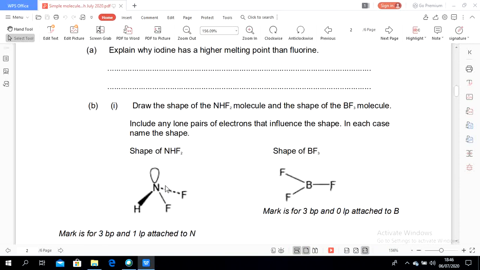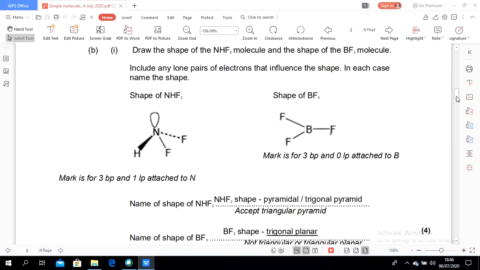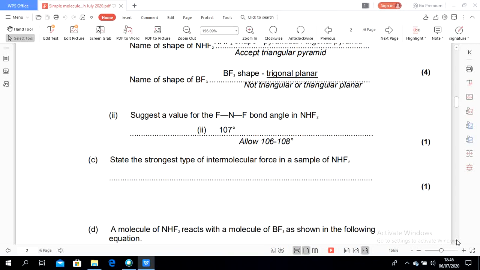Because it is trigonal pyramidal, the angle is 107. And then C, what is the strongest type of intermolecular force present in NHF2? It is hydrogen bonding. Why hydrogen bonding? Because hydrogen is bonded to the nitrogen, not to the F.